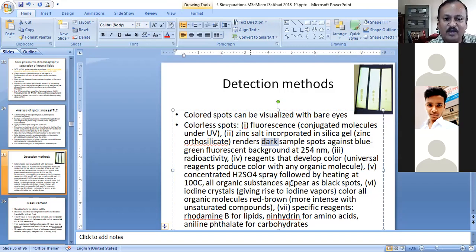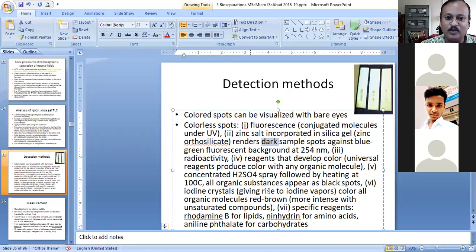Okay, or sometimes the most popular method is to use iodine vapors. Okay, so what we do is we add iodine to a container, and in this container we keep the plate and cover the container so that the iodine vapors are formed and the chamber is completely saturated with the iodine vapors. Okay, so what happens is iodine vapors will color all the organic molecules.